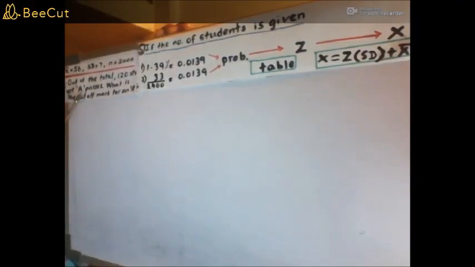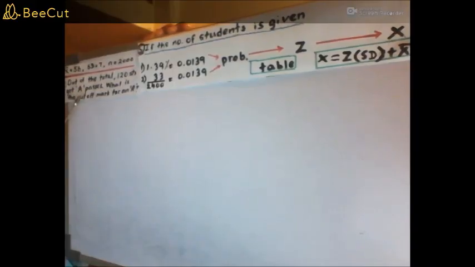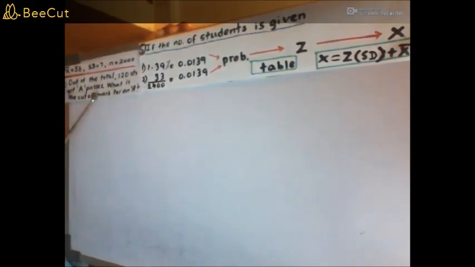In this example, X bar is 56, SD is 7, and the total number of students is 2000. First question: out of the total, 2000, 120 students got A passes.